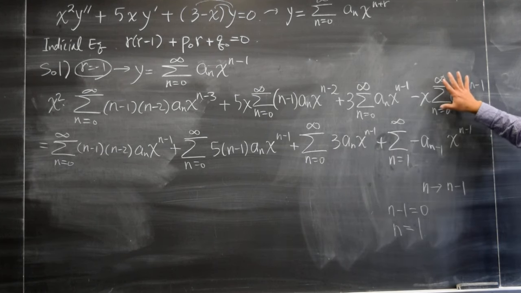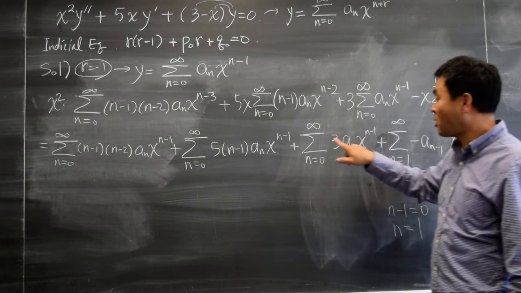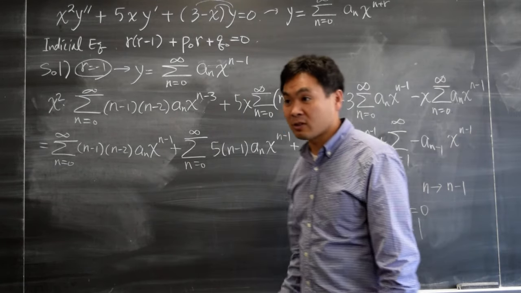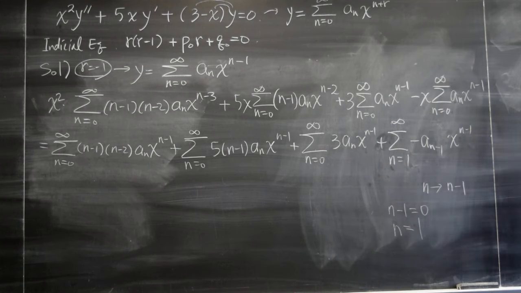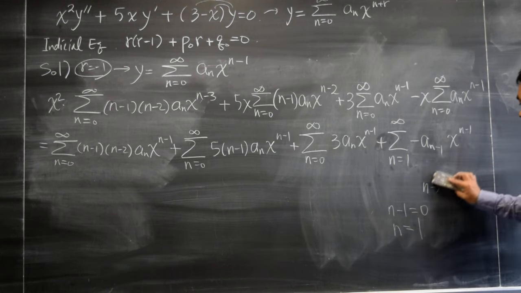I'm just rewriting this in a different format so that every power of x matches with each other. All of them have x to the n minus 1 as the power of x. In other words, what I'm trying to do is combine the like terms. To combine like terms, the powers of x should be the same.